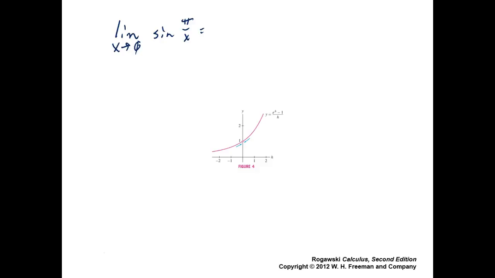Now, if we were to proceed with this one like we did before, and just start randomly plugging in numbers, if I ask you to set up a table, x and sine of pi over x, and give me some values for x approaching 0, let's do it from the left and from the right.